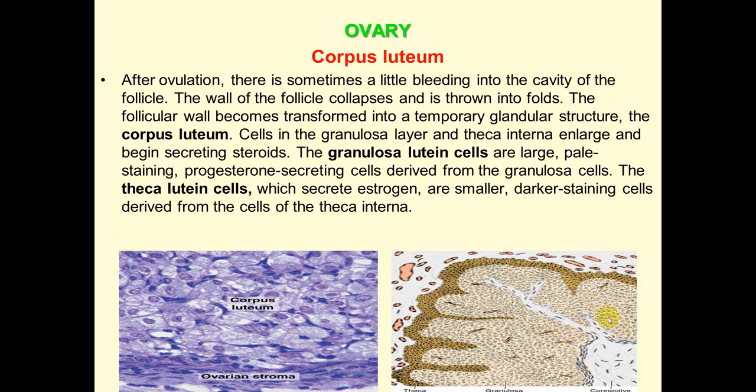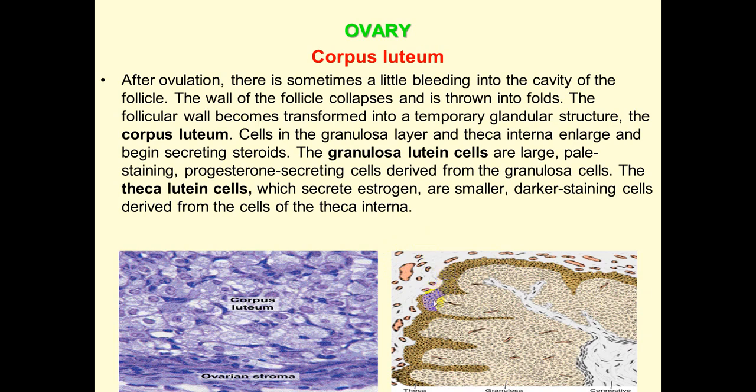You see that the cells are polygonal in shape, have one nucleus in the center, and a lot of lipid inclusions, because they produce a lipid-soluble hormone, the steroid progesterone.